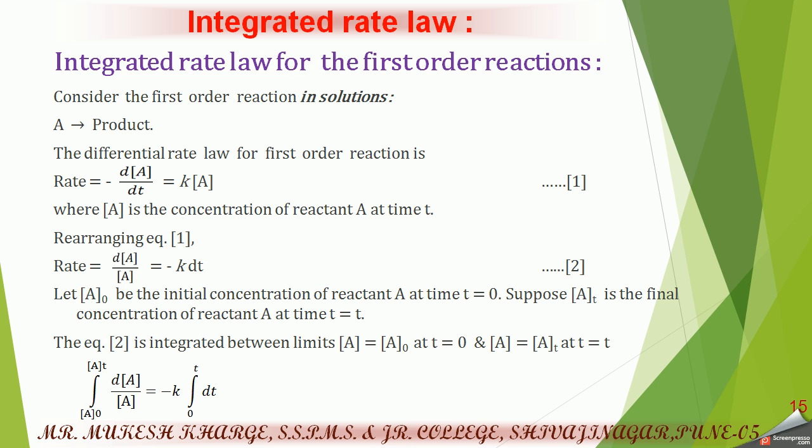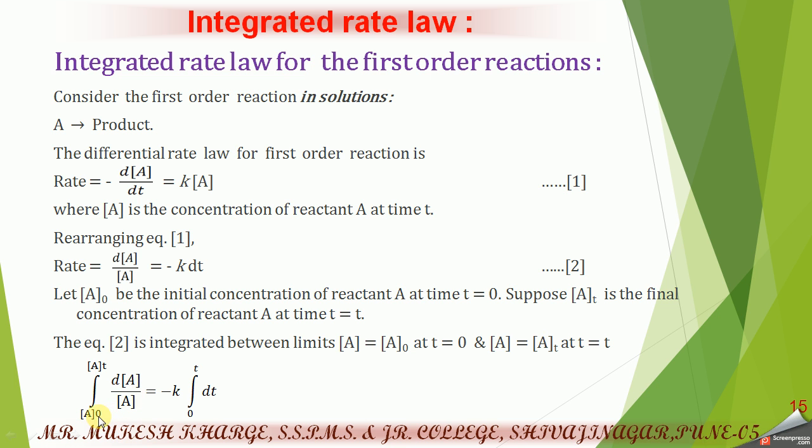Now we have to integrate the above equation number 2 between the limits of concentration of A from A0 at t equal to 0 to concentration of A equal to At at t equal to t. Substitute these limits and integrate the above equation 2.